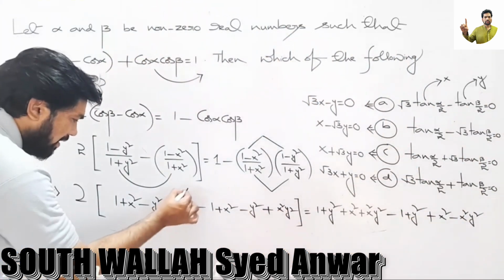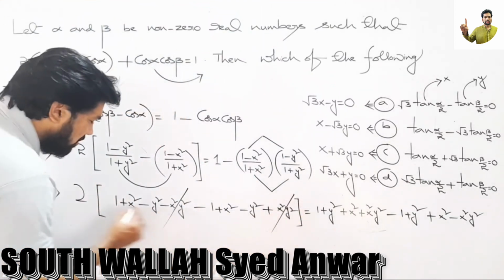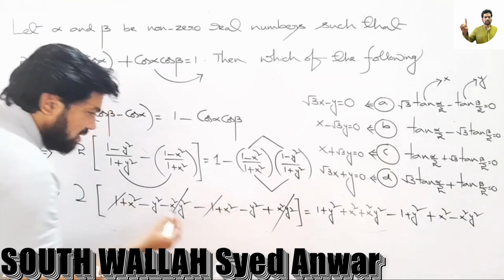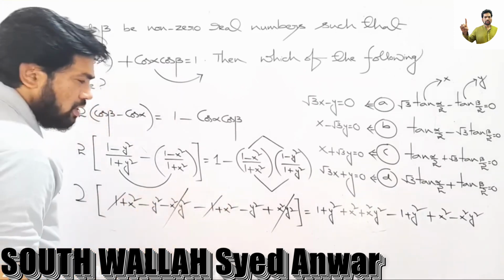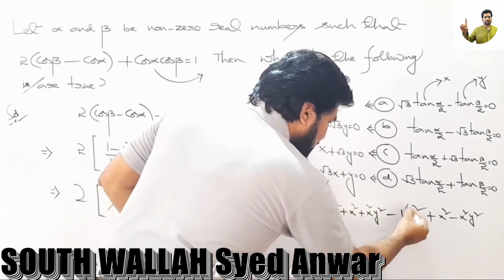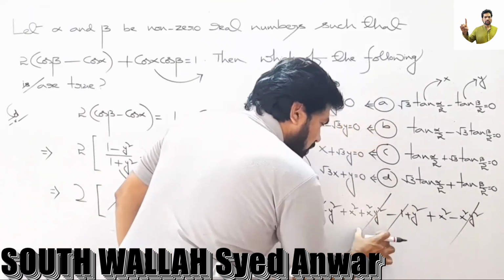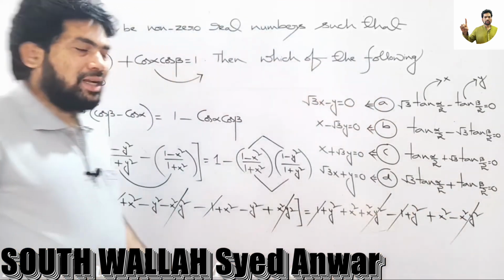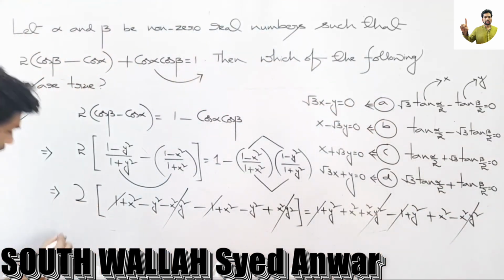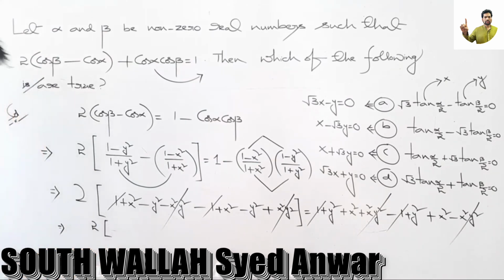Here x square y square and x square y square get cancelled. Next here plus 1 minus 1 get cancelled. Now on the right side, plus 1 minus 1 get cancelled. Here this positive term and this negative term get cancelled. Now what is left we will see here. So outside 2 is there. Let it be written as it is.